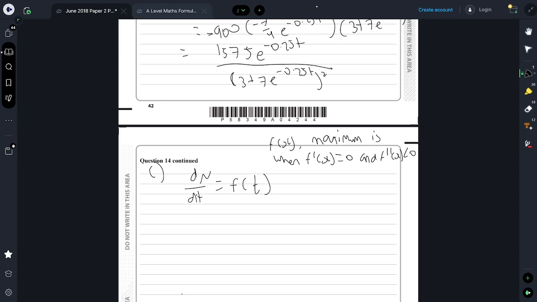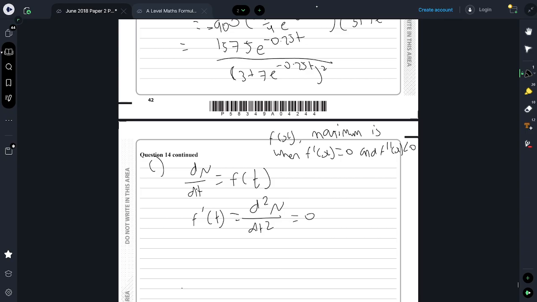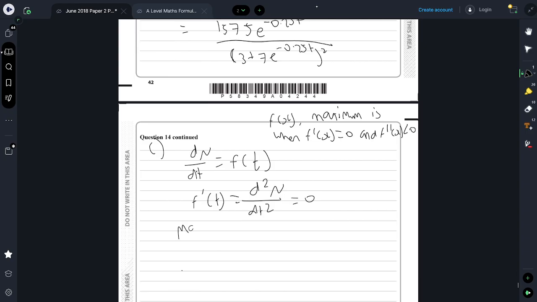We want to maximize this derivative, so we need to differentiate the derivative again, and this has to be equal to 0. This is not yet a maximum. If we then want to show it's a maximum, we need to differentiate it again. So this is a function of t. We need to differentiate it twice, which is a third derivative, which has to be less than 0. Okay, so that's what's going on.